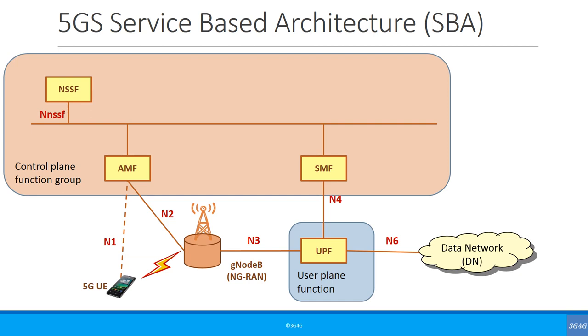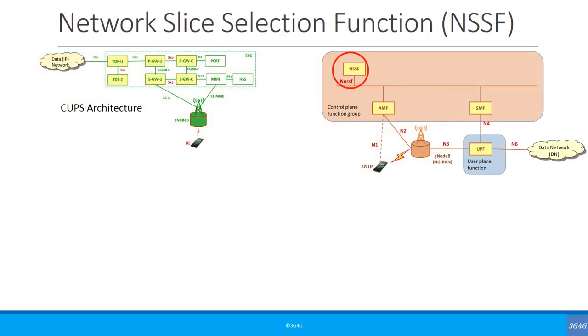Then we have the network slice selection function, NSSF. Now, NSSF was not there in the original architecture, but has only been introduced recently. So the NSSF supports the following functionality.